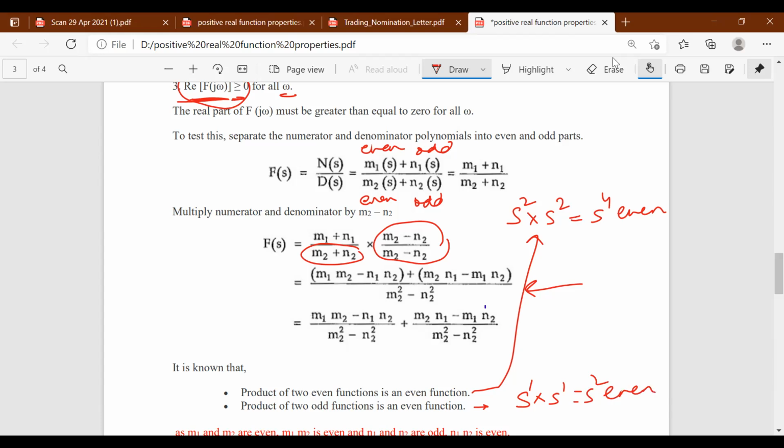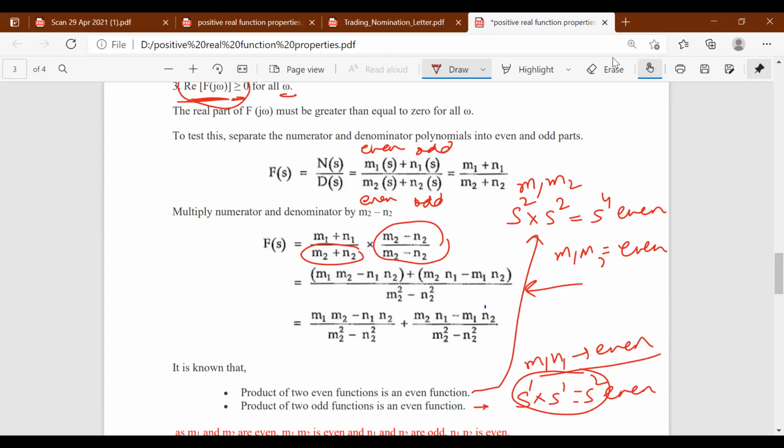So now if you remember that my m1 and m2 both are even, if m1 and m2 are multiplied, I am going to get an even function only. Now if my m1 is multiplied with n1, again I am going to get an even function. You can see from these examples that I have just written here.